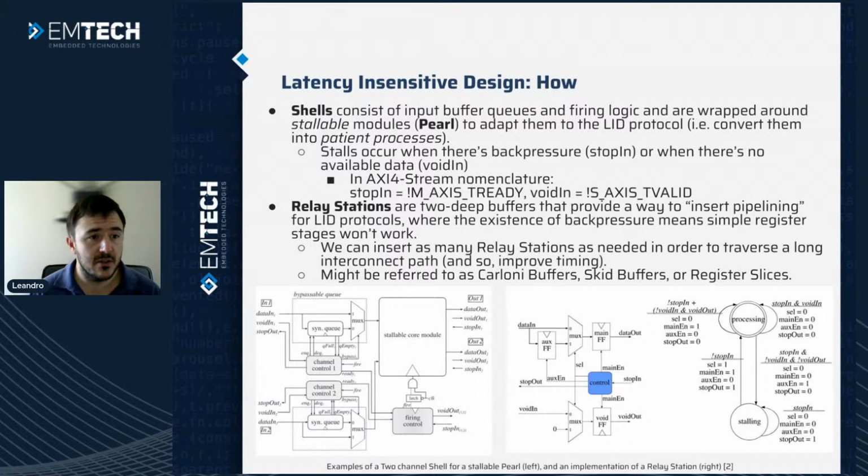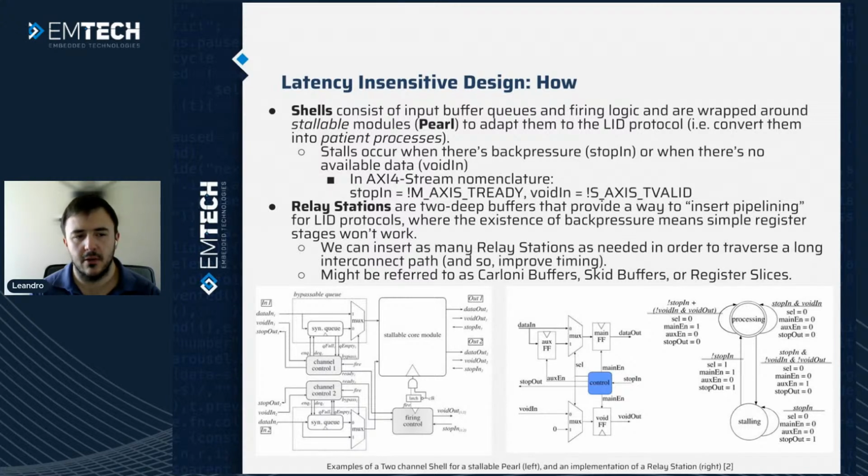The relay stations, which is what you see below on the right as the example from the paper, are sometimes referred to with different names: Carloni buffers, skid buffers, or register slices as well. Maybe the implementation might not be exactly the same, but what they want to achieve is usually the same.